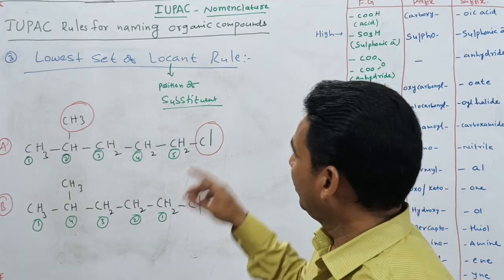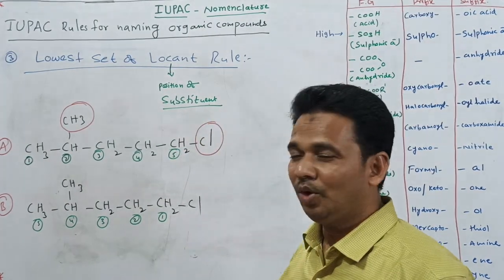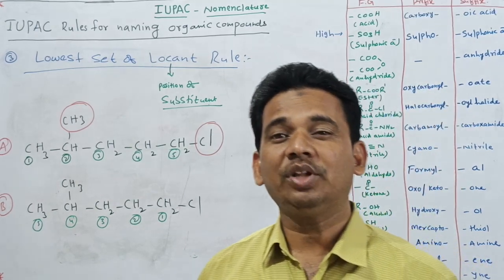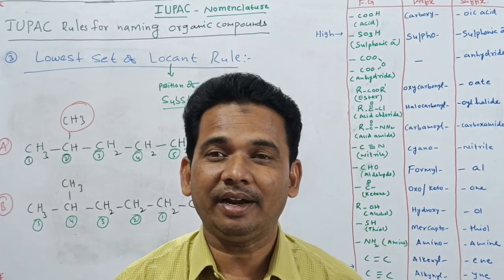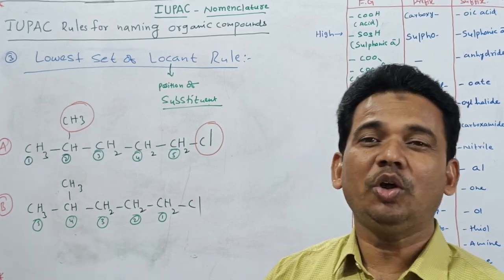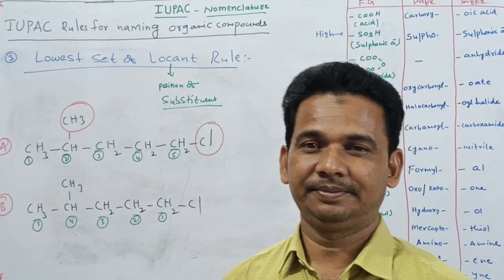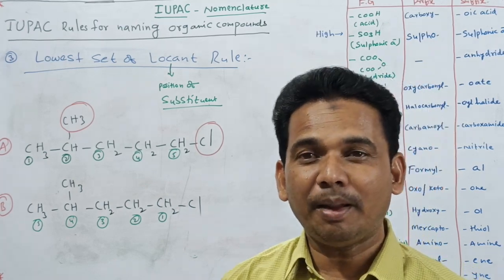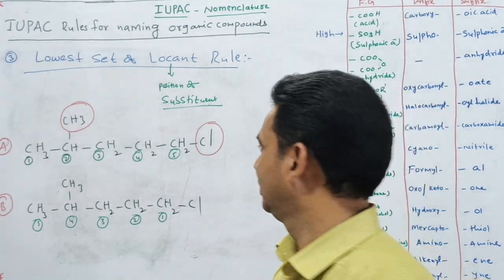In the lowest set of locant rule, both the substituents should get the lowest possible number. We have to give the numbering in that order.